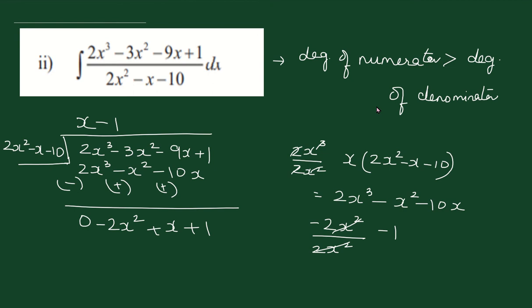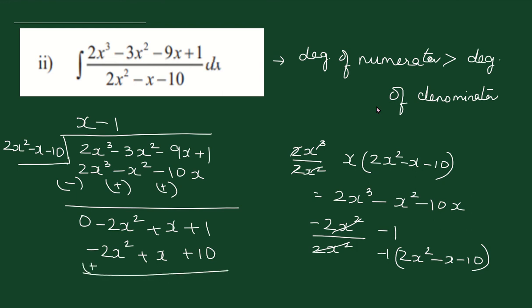Then again minus 1 into, see, minus 1 into 2x square minus x minus 10, which is going to give us minus 2x square, minus and minus plus x, and minus 1 into minus 10 is plus 10. Okay, then in the next step, we change the sign throughout so that both the first term and the second term becomes 0. The third term, 1 minus 10, gives us minus 9.